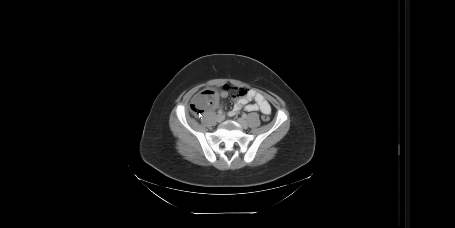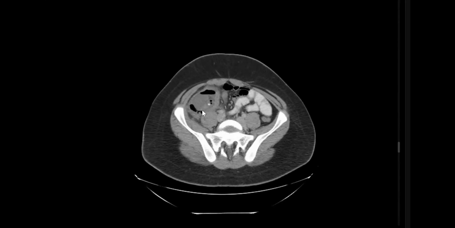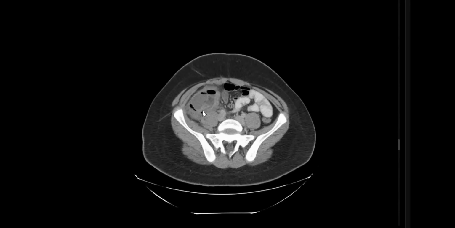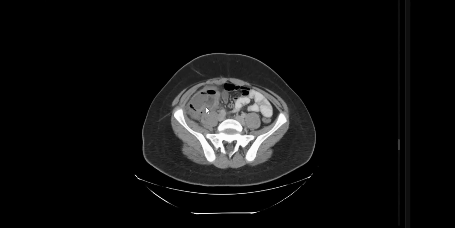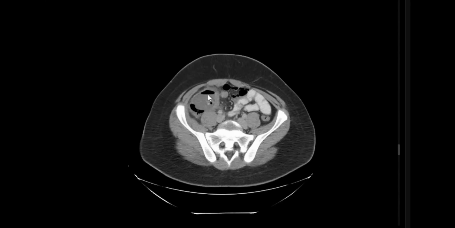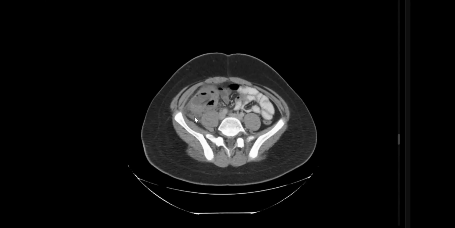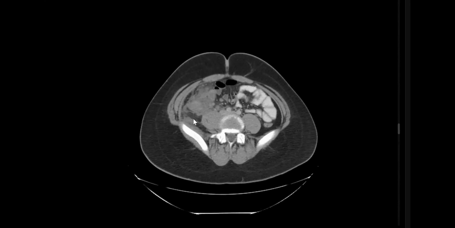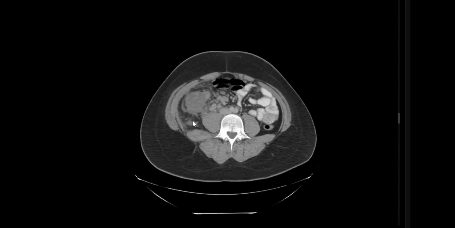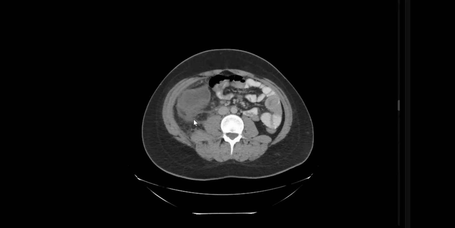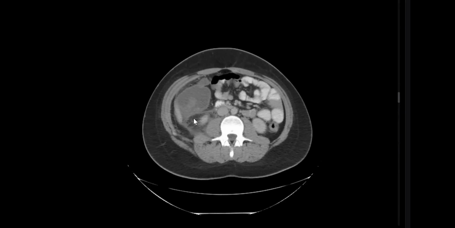I can also see an appendicolith within it. There is a heterogeneously enhancing area, and I can also appreciate a few air locules within it. In the region of the iliac fossa, I cannot appreciate the appendix separately. Any lymph nodes?